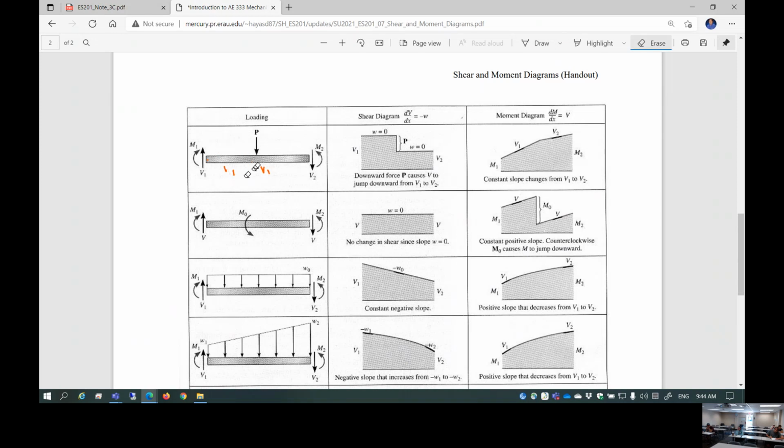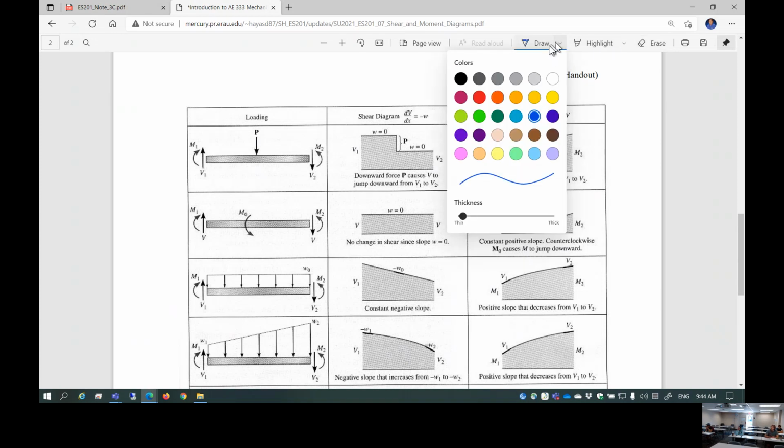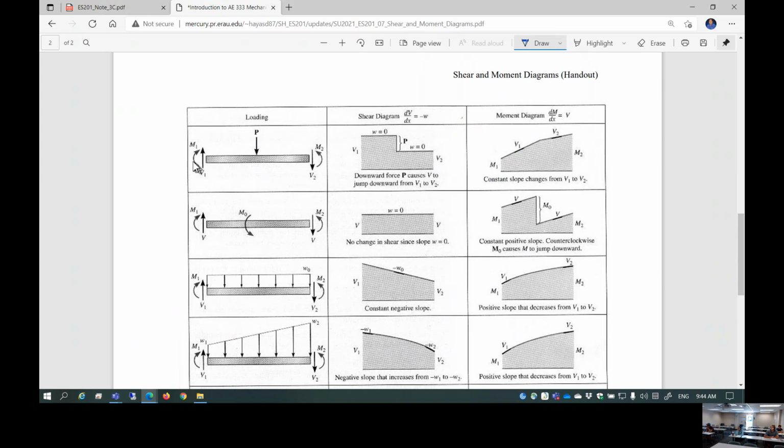And then based off of the shear diagram, obviously you construct the shear diagram first. This is going to affect our moment diagram. Okay. So let's say at the end point here, this is probably a support reaction, some kind of externally applied moment M1 shows up. So this is going to be a jump up. And then starting from here to here, you know the shear is constant. Okay?